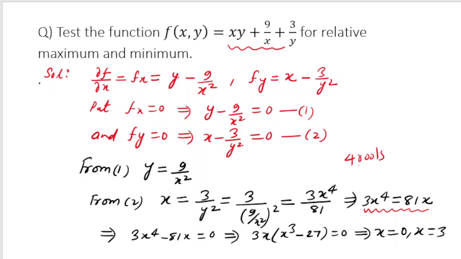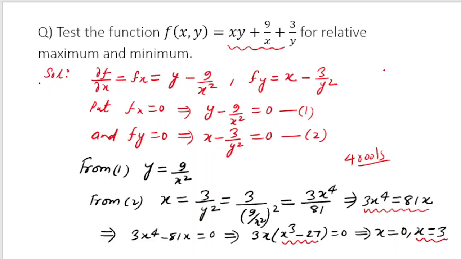And when I am writing the solution for x cube minus 27, I am just writing x is equal to 3, which is not correct. That is what you may argue, and I will tell you that yes, you are correct. But I have not written the other 2 roots, because the other 2 roots for x cube minus 27 will be imaginary roots. Let me explain it here.